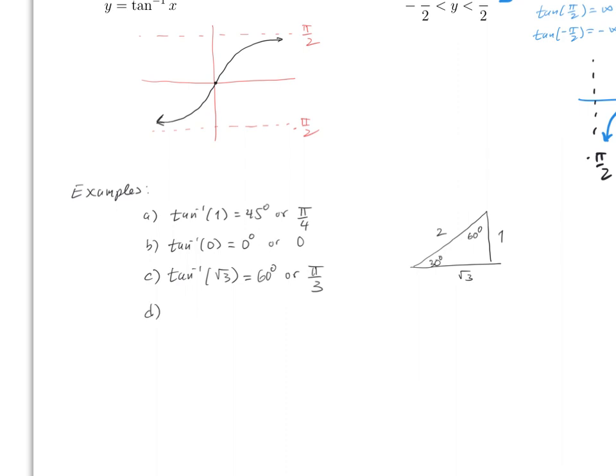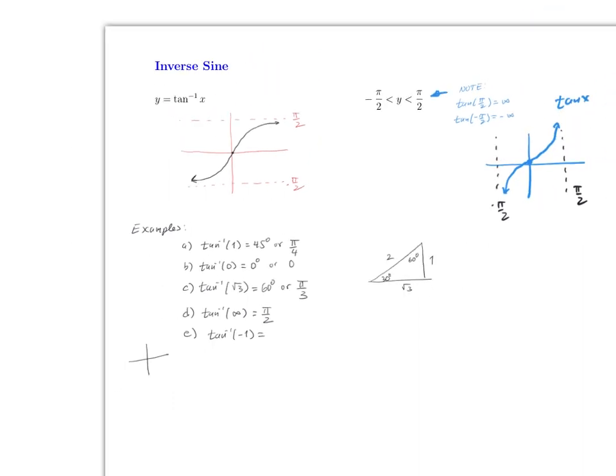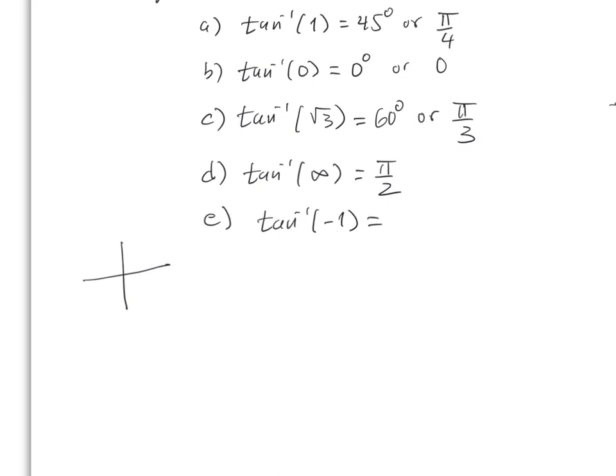Now the one you have to be a bit careful is if I tell you what is tangent inverse of infinity. Remember, the only one that gives you infinity was pi over 2. And be careful when the number is negative. So for example, you have tangent inverse of -1. Remember that this is negative, and according to this part, if this is negative, it has to be on the 4 quadrant, so it has to be here.